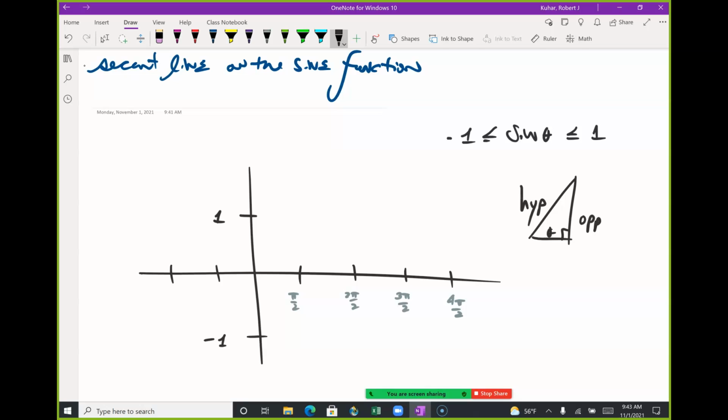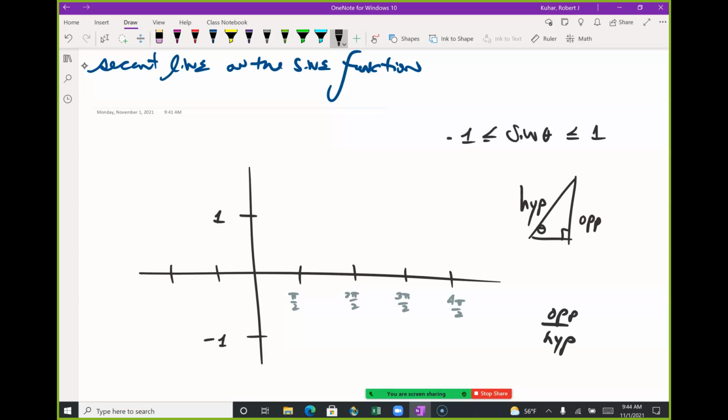But why is sine bound between negative 1 and 1? Sine is the ratio of the opposite side over the hypotenuse. What do you know about the hypotenuse of a right triangle? It is the longest side. Exactly. So can my ratio ever be bigger than 1? No, it would mean the opposite side would have to be bigger.